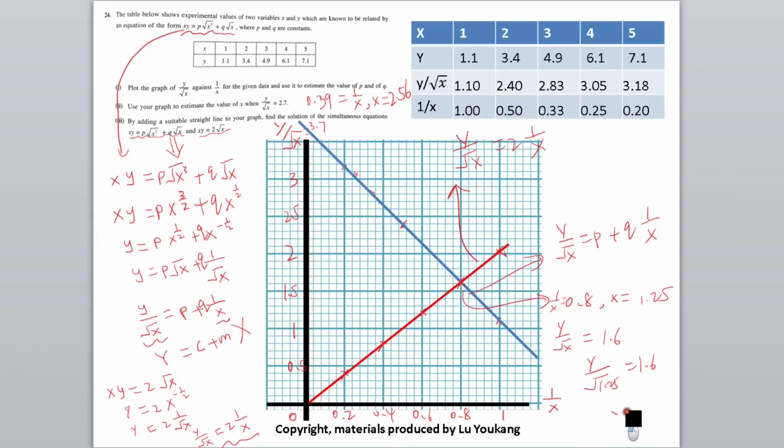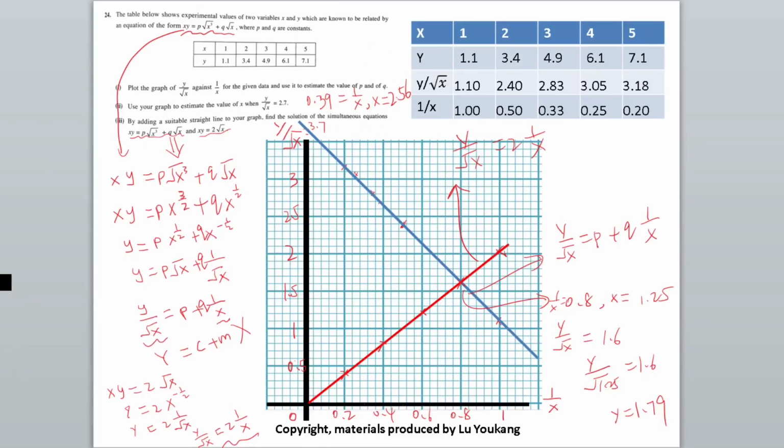As you can see, I have subbed it in. So my y is, please punch your calculator and see what you get for your y. And your y is 1.79.